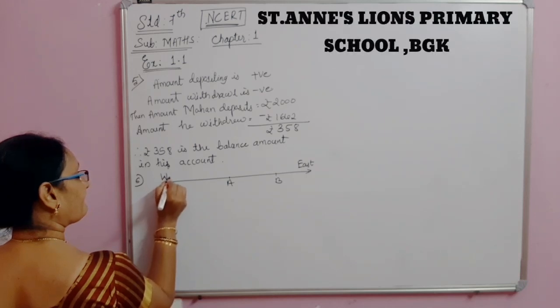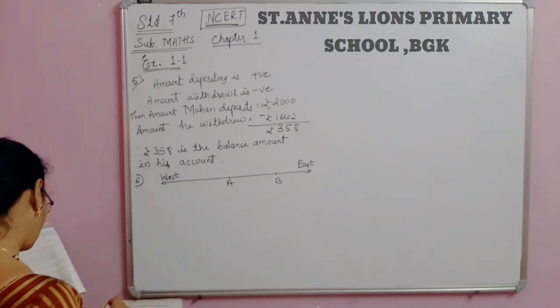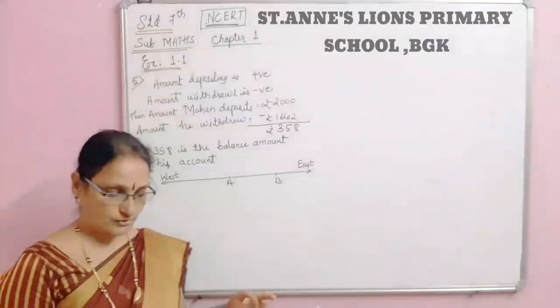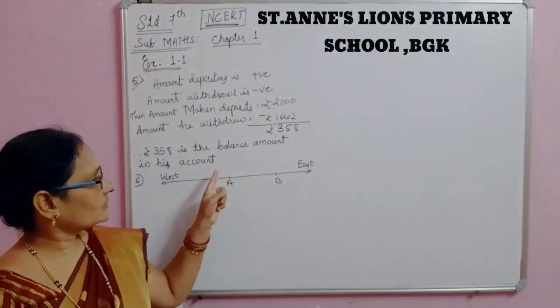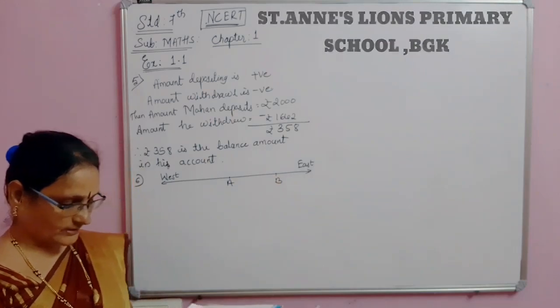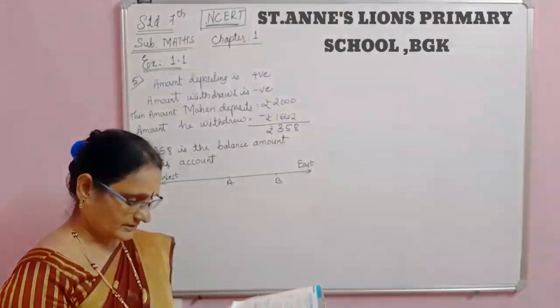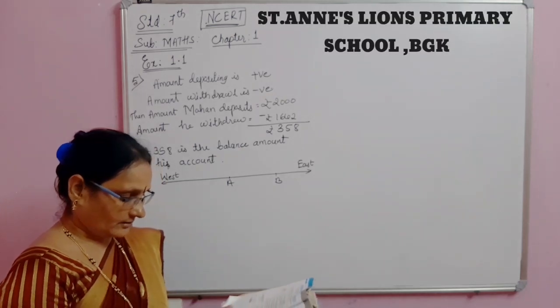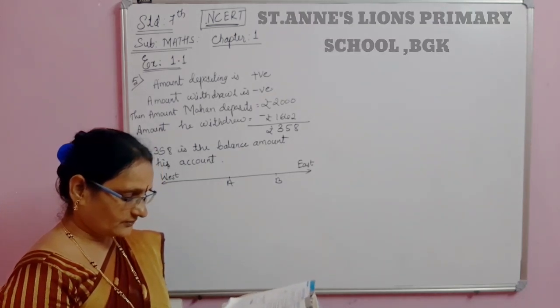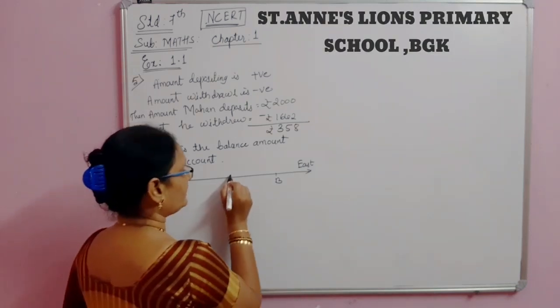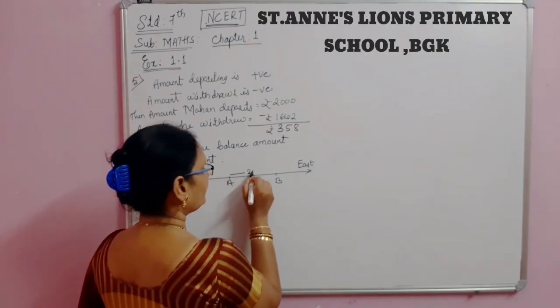Now I explain. Rita goes 20 kilometers towards east. Towards east she is going. How much? 20 kilometers, from point A to point B. From here to here it is 20 kilometers.